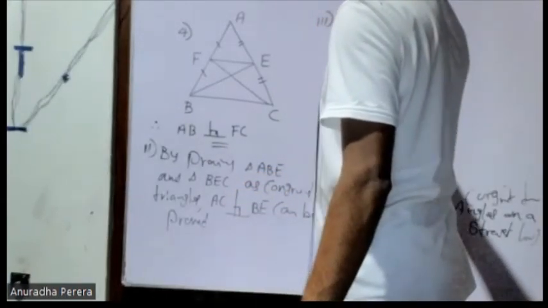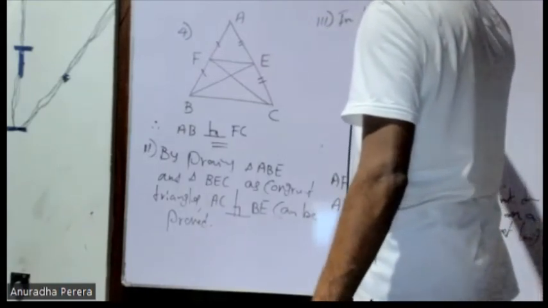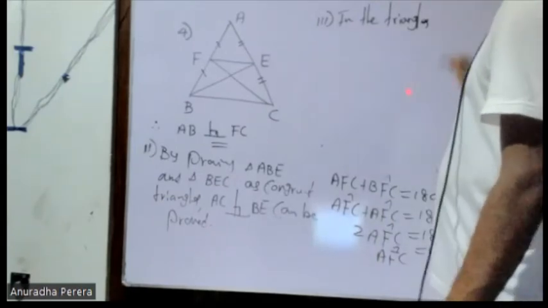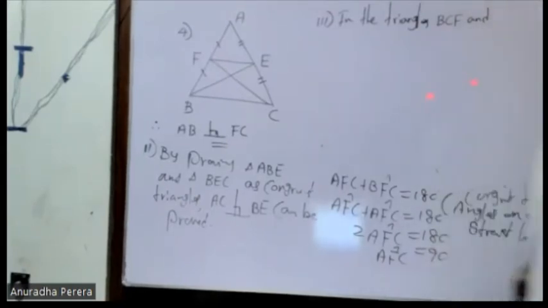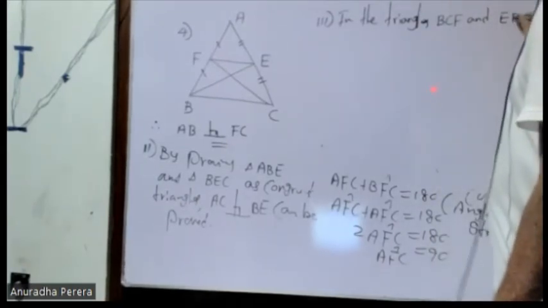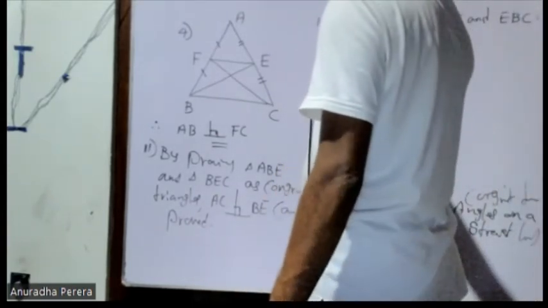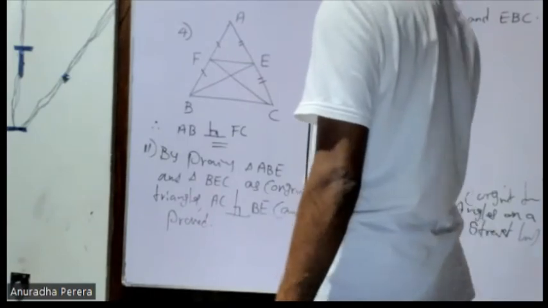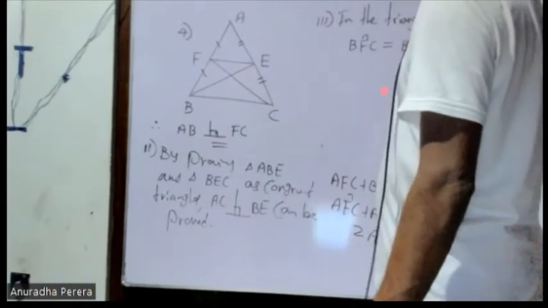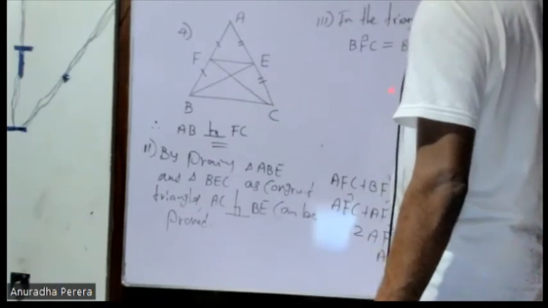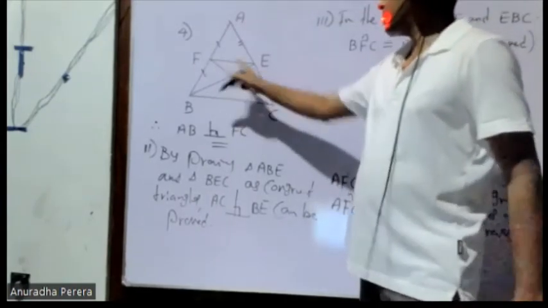In the triangles BCF and EBC, right? Angle BFC equals angle BEC, 90 degrees, proved. We proved it, 90 degrees.